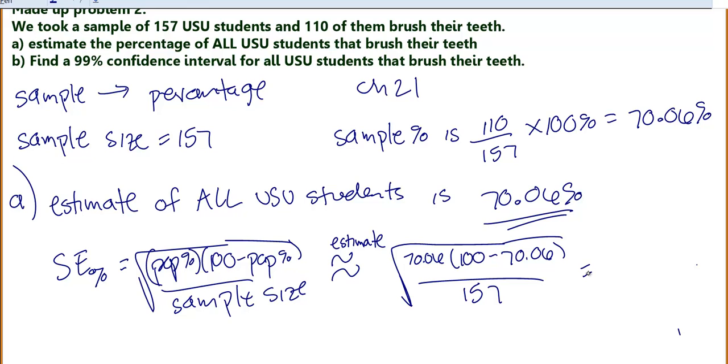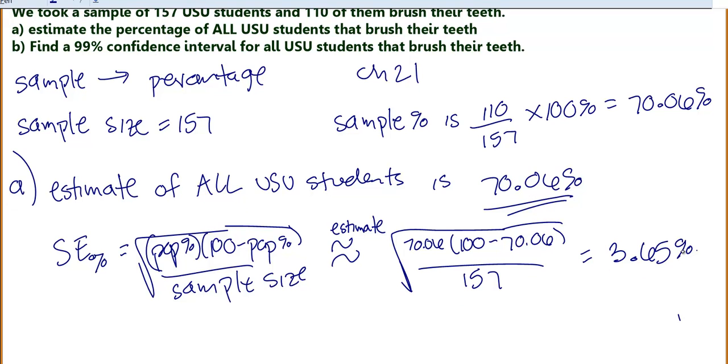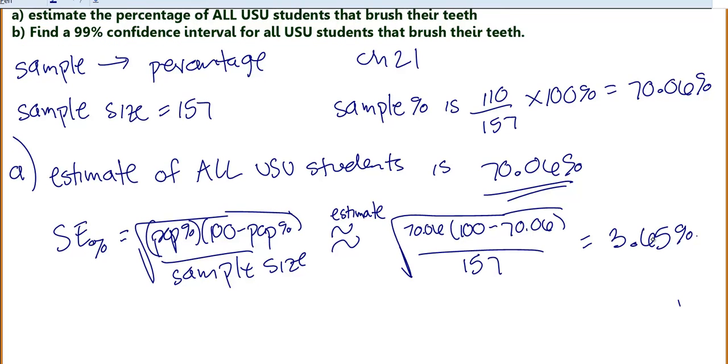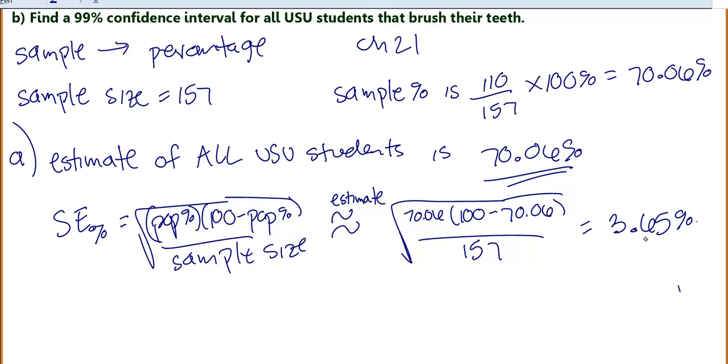Practice putting this in your calculator. Make sure you can get the same thing as me. So I got 3.65%. Someone else go ahead and either tell me they got something different or back me up.